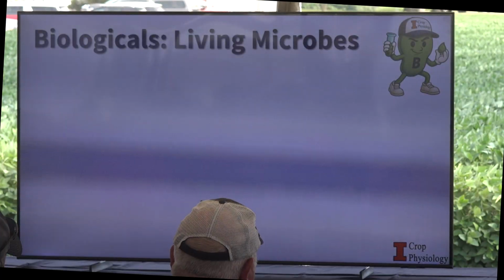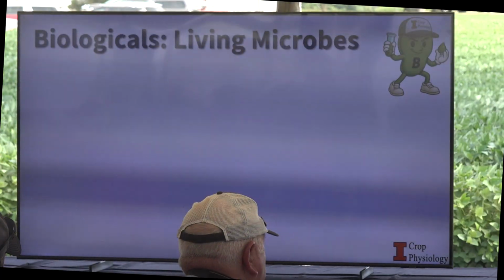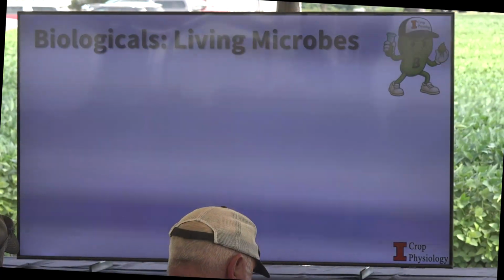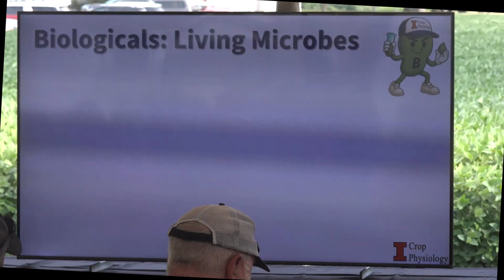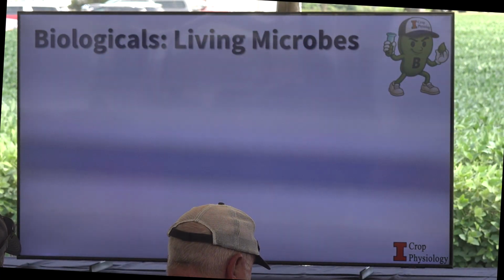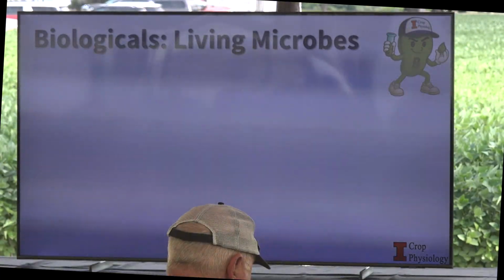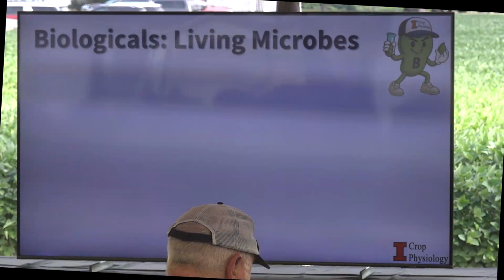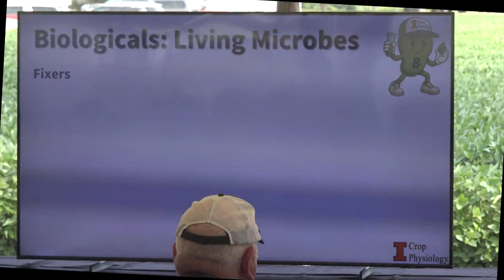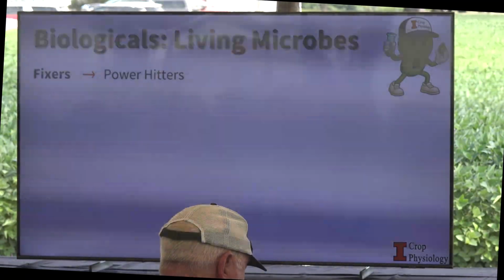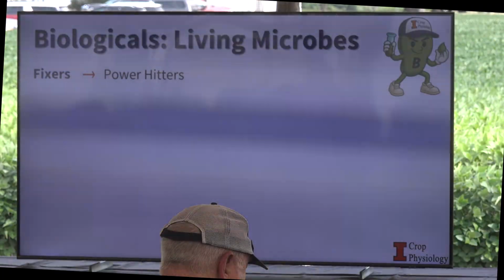So the first group I'm going to talk about is the biologicals. Basically, the biologicals are living microbes, right? For my analogy, I divided them into three main groups, and I'm going to start with the fixers. They are the nitrogen fixers, and in our analogy, they are the power hitters.